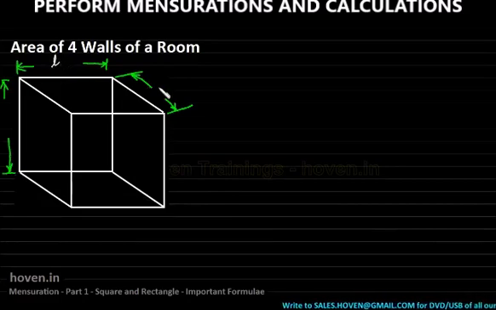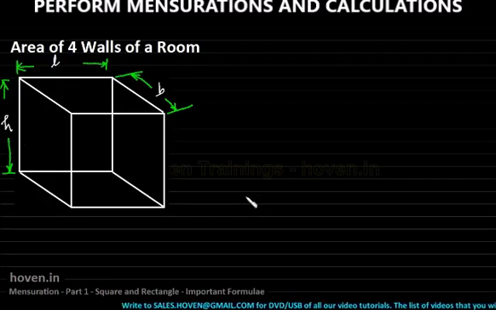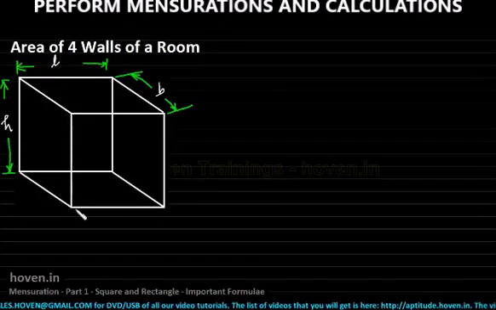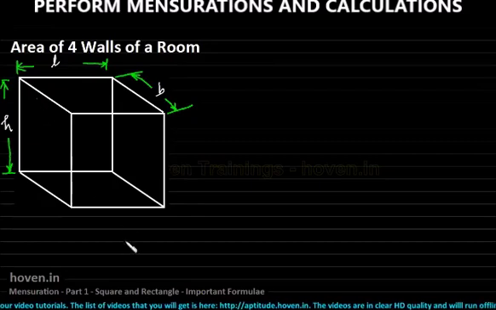We can mark it as L, mark this as the breadth, and mark this as the height. What we have to do is, we have to find out the area of the four walls, that is, this wall, and this wall, and the back wall. We just have to exclude the area of the floor and the roof.